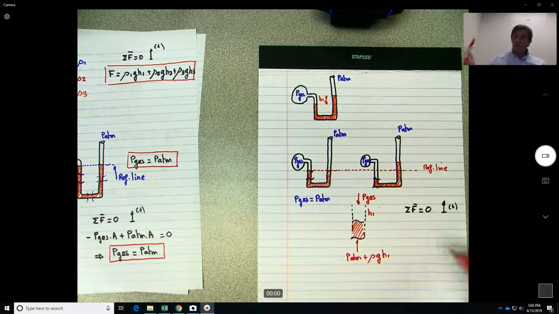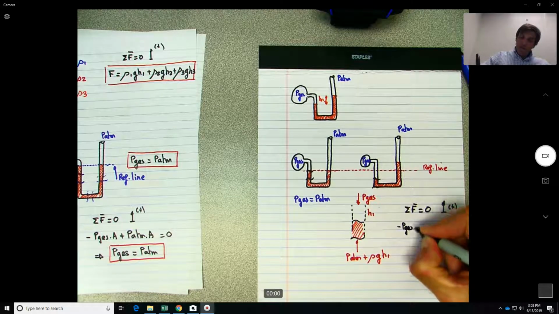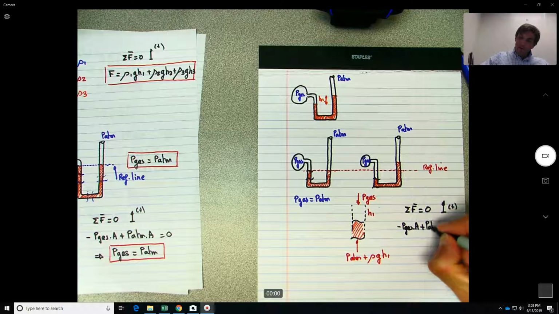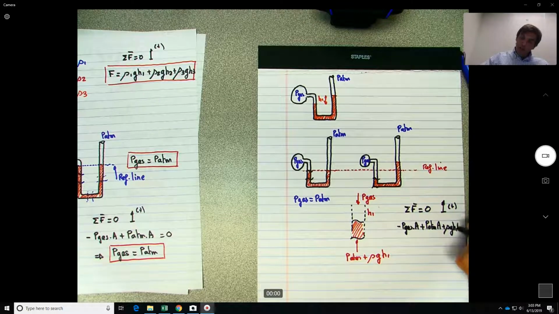Okay, so now you can apply the static equation that will tell you what? Minus P gas times A plus P atmospheric A plus rho g H1 A, all this should be equal to 0.